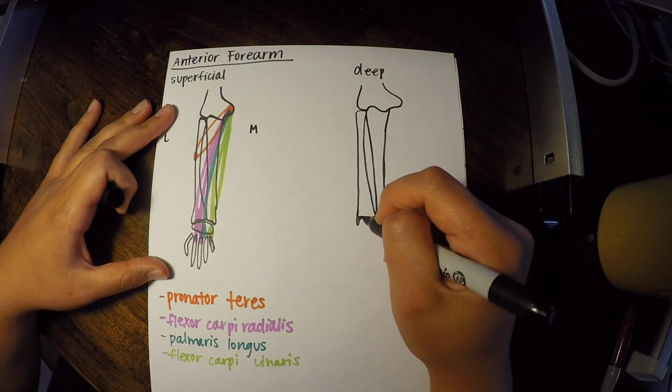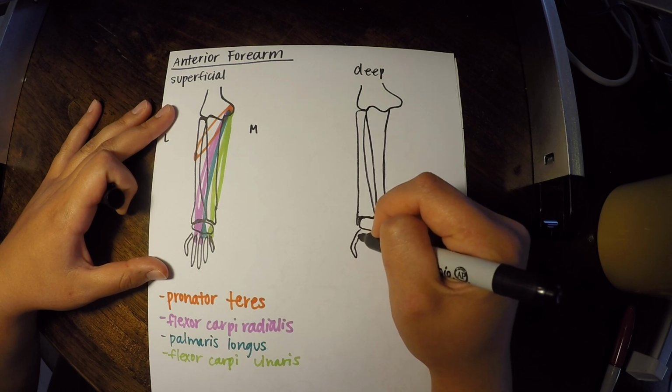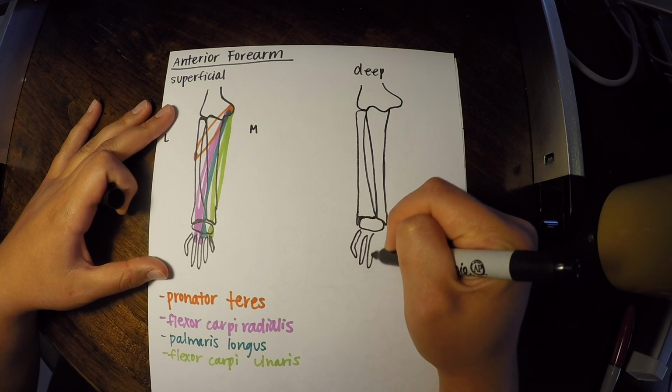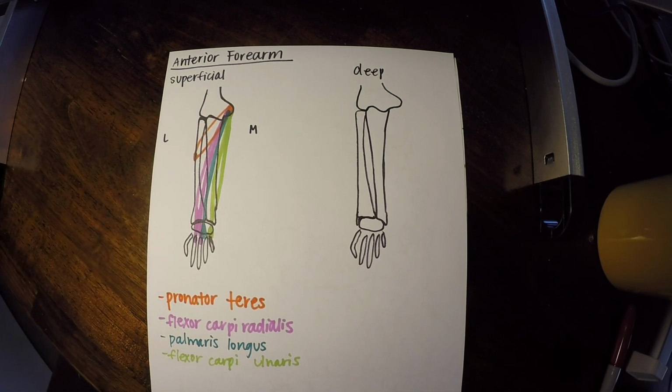Alright, almost done here. Okay, so our two deep forearm muscles that we're going to draw, let's do the first one.